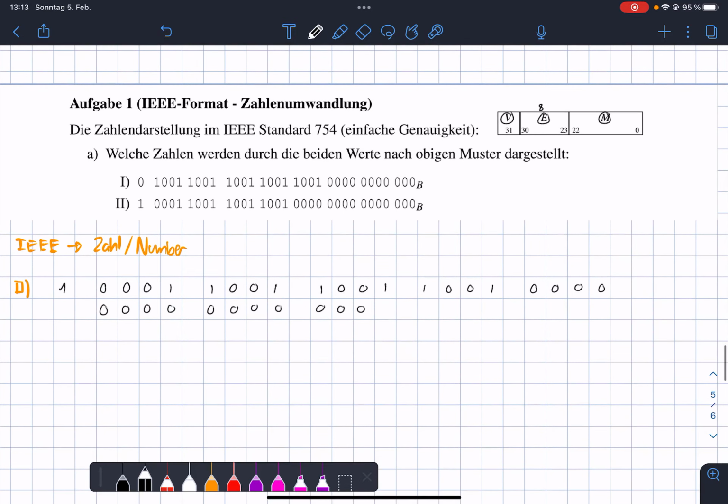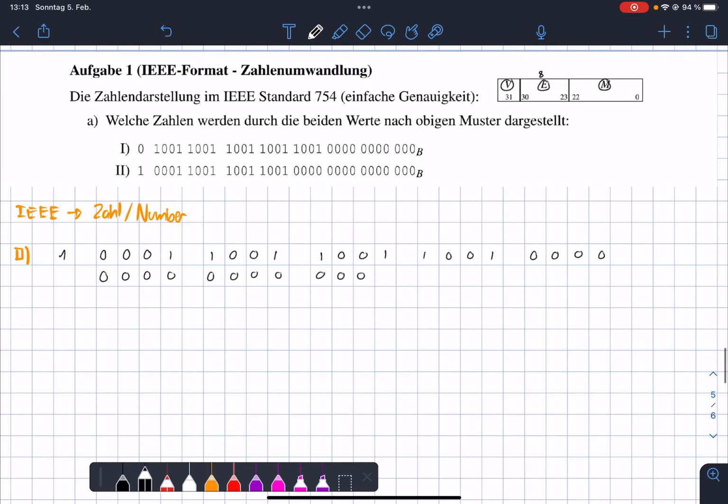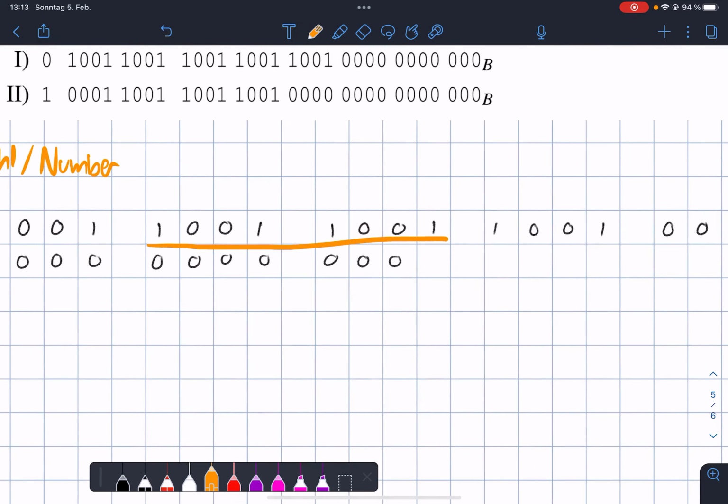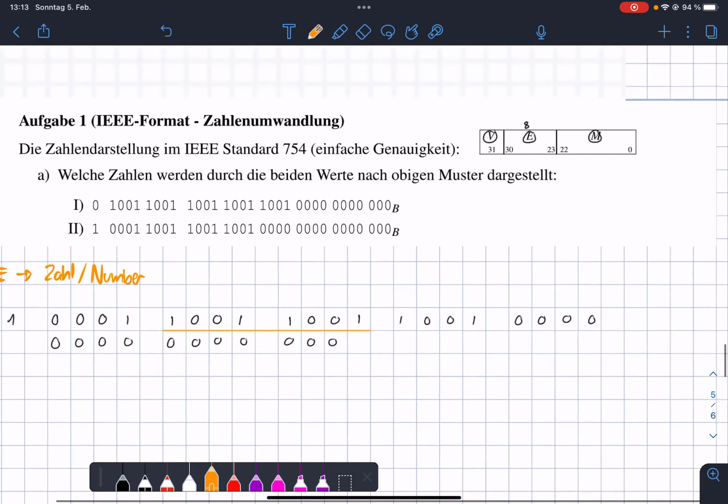So let's just start doing this. Let me open my cheat sheet and my computer real quick, so I can go along and not forget all the formulas. It's quite important to know the formulas in this case. So we're going to start off first with the character and the bias. The character is given by the first 8 bits, as we already noticed.